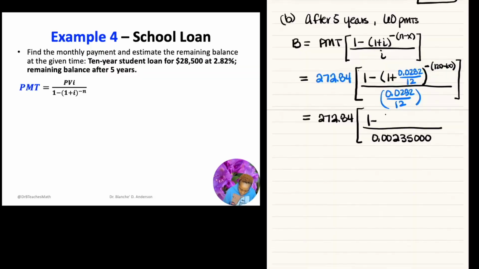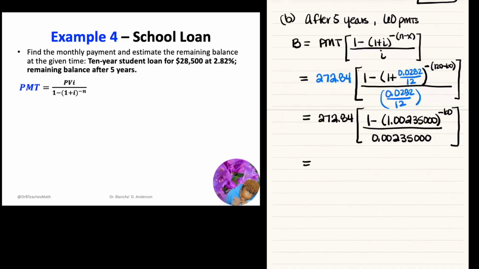So you end up with 1 minus 1.00235, and that's to the negative 60, okay? Because 120 minus 60 is 60, and then the negative in front of it. So now in your calculator, do this, and then take 1 minus that, okay?